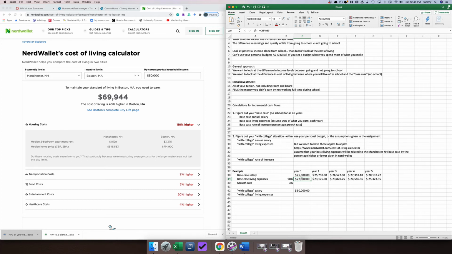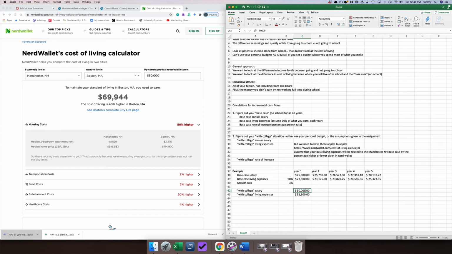All right, so we're going to grow this by 40%, because we see that our basic cost of living is 40% higher. Right, so in this row, it's going to be this times 1 plus 40%. Okay, so our basic cost of living then is going to be, instead of 22.5, it's going to be 31.5.